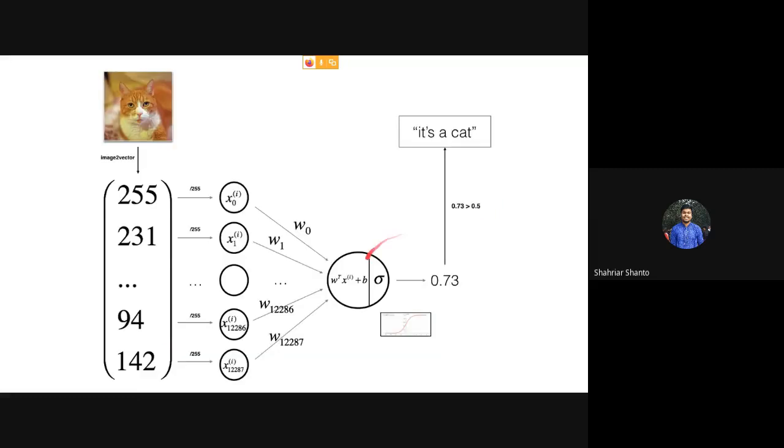Now, if we talk about an example, we know that images are matrices, or tables of values, right? All those values represent pixels in the image, usually between 0 and 255. We have a table that we vectorize.